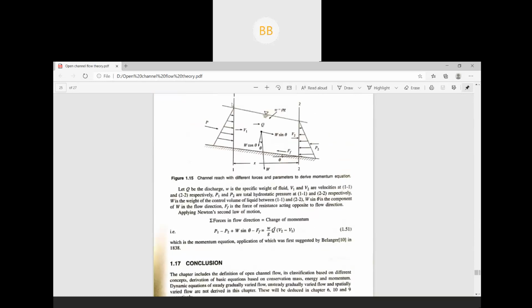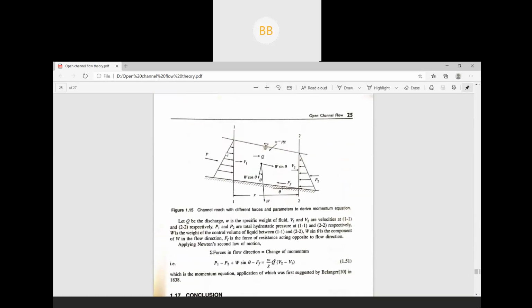So this is the figure. In that figure, we have considered two sections, section 1 and section 2. Obviously this is uniform steady flow.